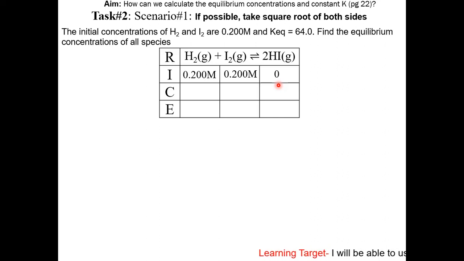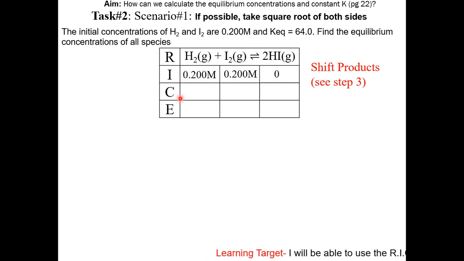Therefore, as the reaction approaches equilibrium, the reaction will shift towards the product side. For the change, there will be a decrease in reactants and an increase in products. Since both H2 and I2 have a coefficient of 1, the change for both of them will be minus X. And since HI has a coefficient of 2, the change will be plus 2X.